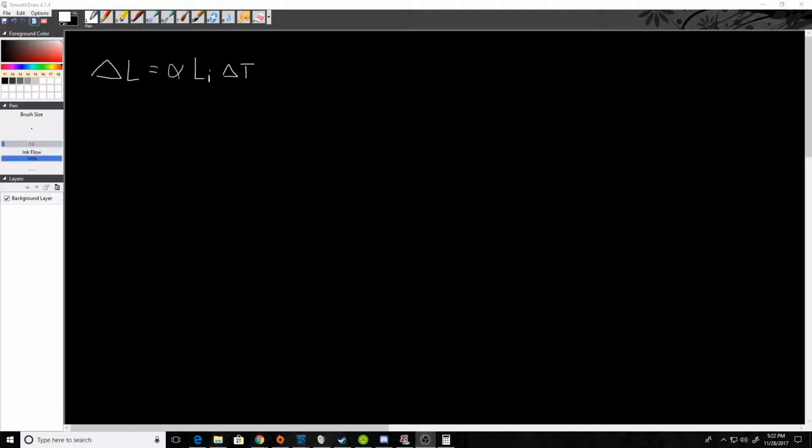So the equation we're going to use is, over here, I'm looking at delta L, or the change in length, is equal to, so here we have that alpha character again. This time, alpha is going to stand for the coefficient, sorry for the writing there, got really, really small, of thermal expansion.